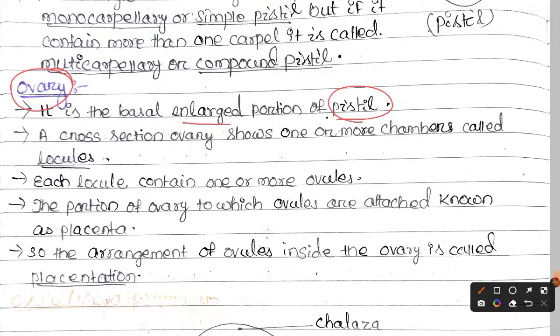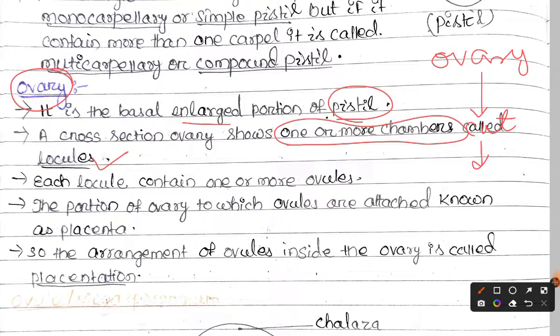When we cut the ovary, we see one or more chambers; the ovarian chambers are known as locule.